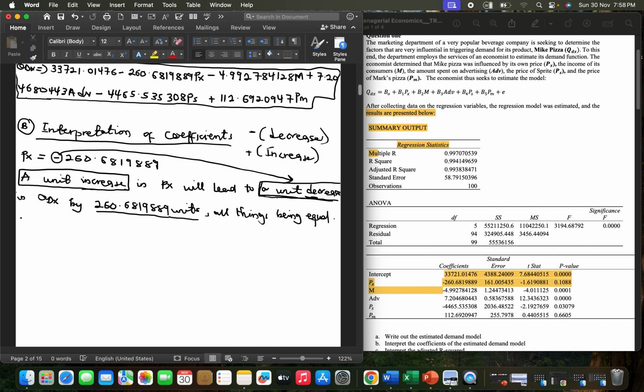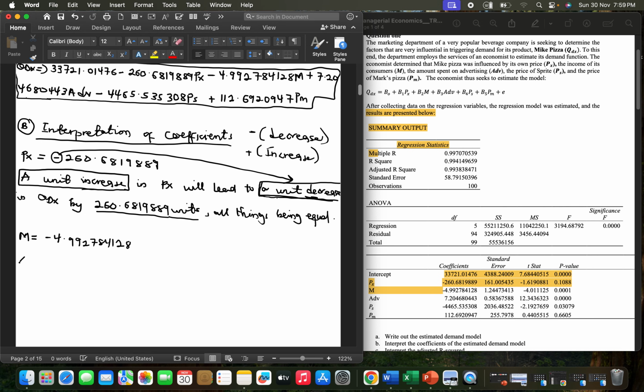The rest I'll just write down for you guys and explain it. The next variable is M. M is minus 4.992784128.